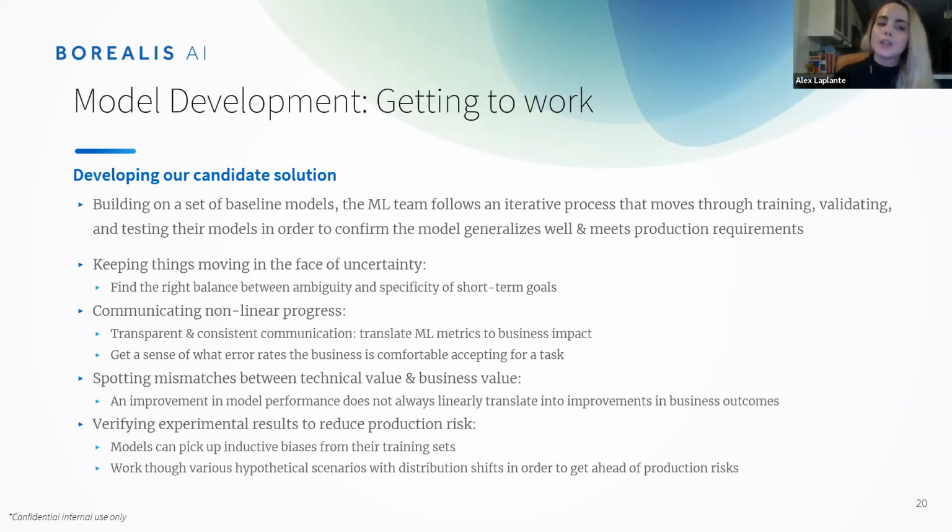To make sure that we're managing that risk, what we do up front is we do a ton of experimentation, generally across many different time horizons and across different types of periods. So it could be on different subsets of a population. It could be within different market regimes, to have confidence that our model generalizes well across all the different types of input data that it may see once it's live.